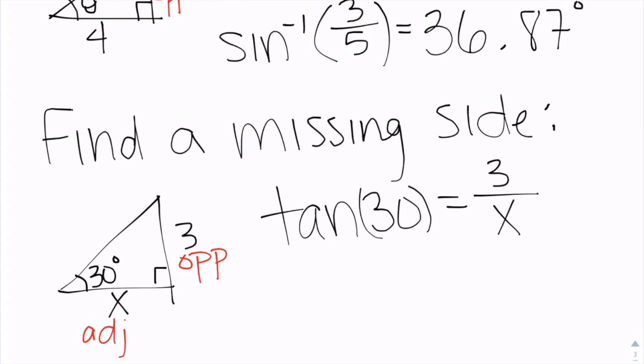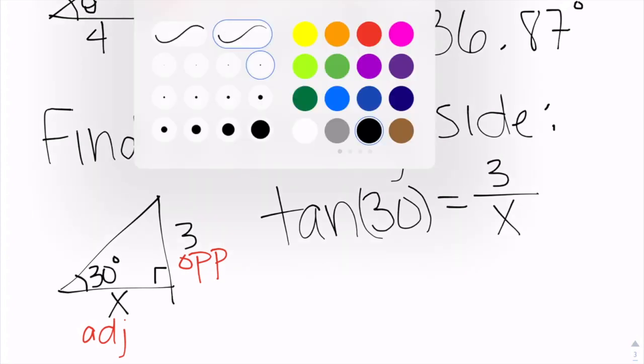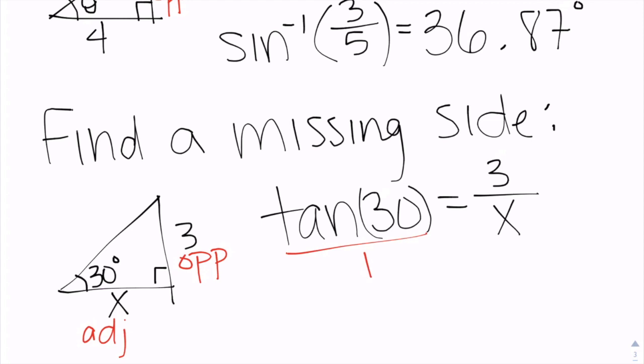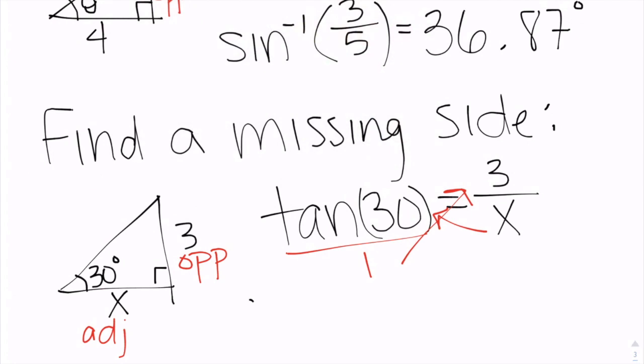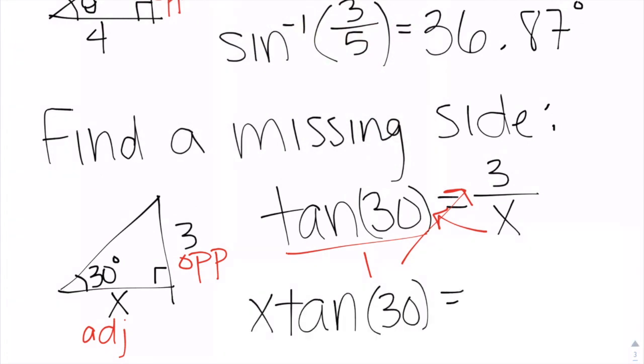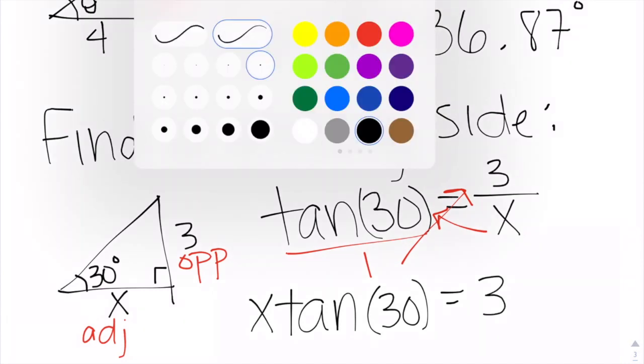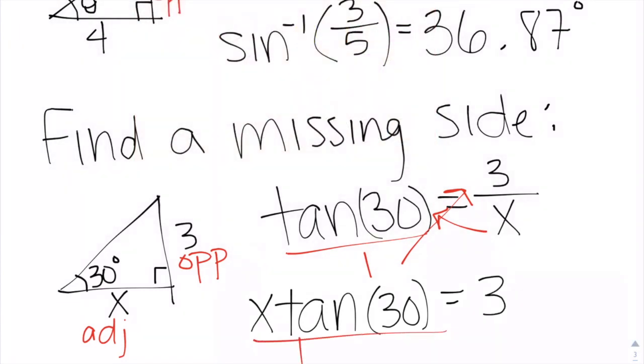our adjacent side. Now if we want to think of this as a proportion, so over 1, we can cross multiply everything. So we do x times tangent of 30 is equal to 1 times 3. And then we're going to divide tangent of 30 on each side.